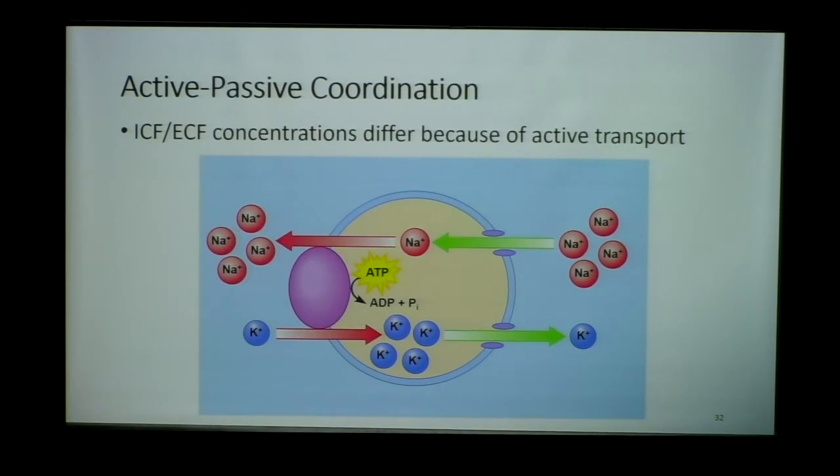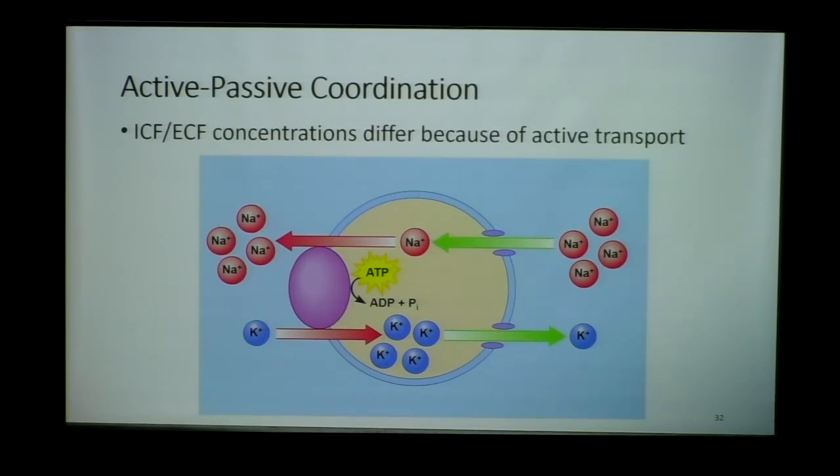And we know now that these relative concentrations are being achieved and maintained by the presence of some of these transporters that we talked about today. One being the sodium-potassium pump, and the other being these leak channels. These are leak ion channels that simply allow the movement of ions to go through them.